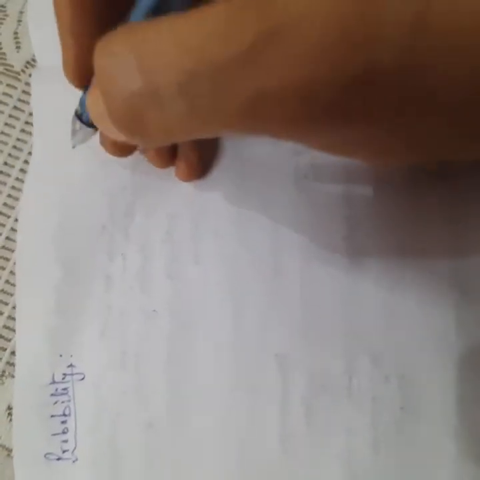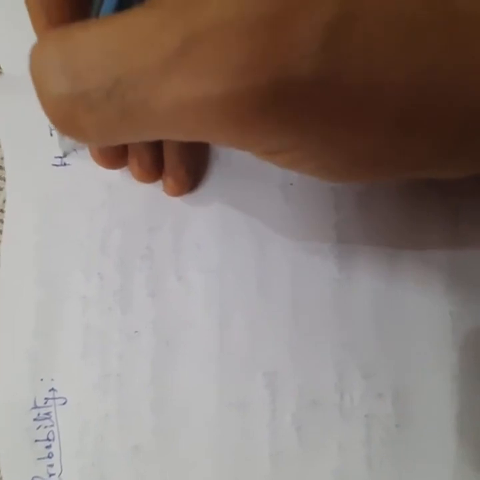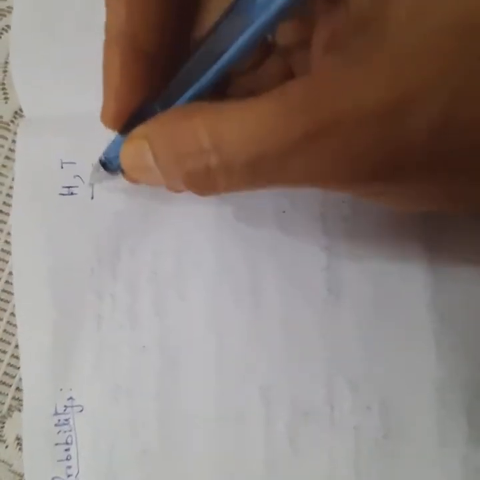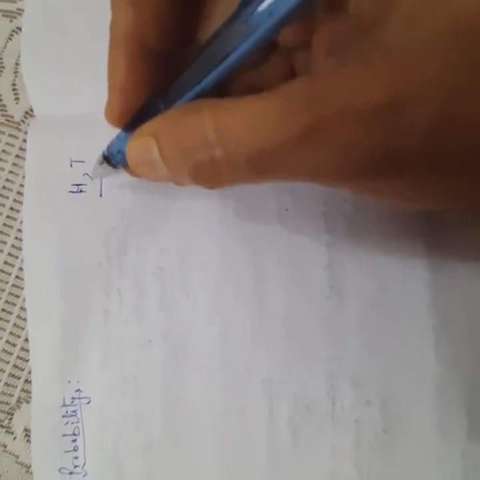Suppose we toss a coin, and what is the possibility of a head or tail? That is called probability, or we can say that probability can be taken as a method of getting a better guess. If we talk about this head and tail event, the number of cases is 2.